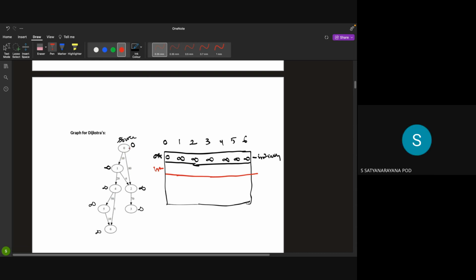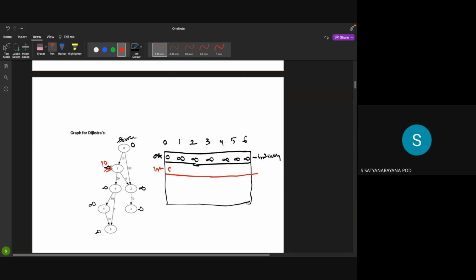Yes. 0 to 1 and 0 to 2 are there, so first we choose 0 to 1. The distance is 0 plus 10, 10. Is it less than infinity? Yes, so we remove infinity and update 10. From 0, by traveling this 10 distance, the reachability for 1 is 10.